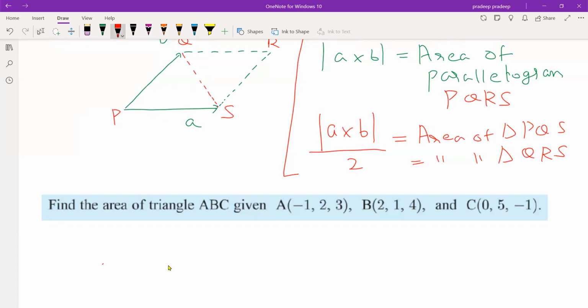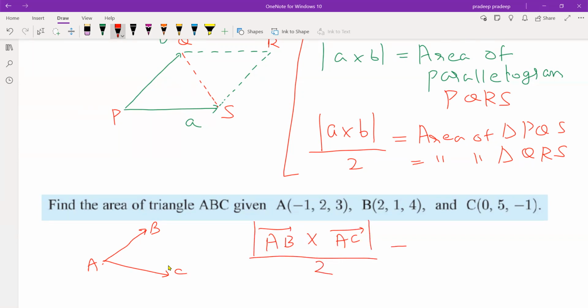We have 3 points A, B, C. Figure out what AB is, then figure out what AC is. Those will be your two vectors. Then just cross multiply these two vectors, take its magnitude, and divide that by 2, and that will give you the answer. This is the approach.